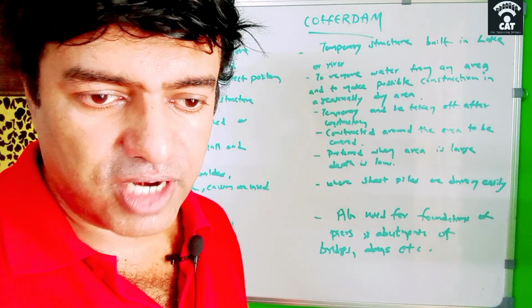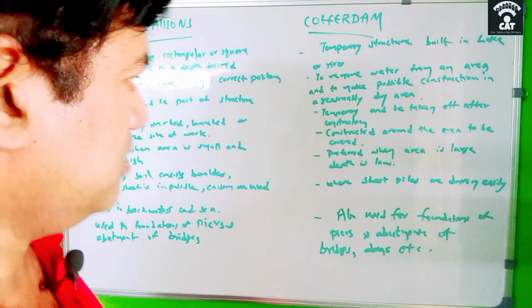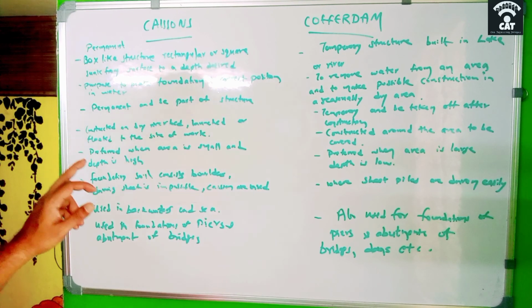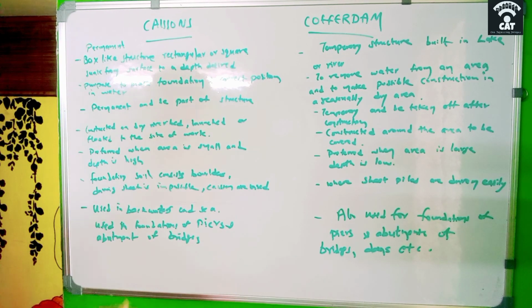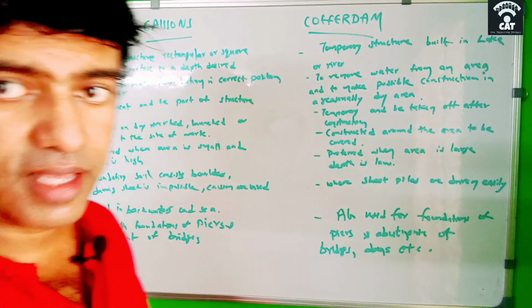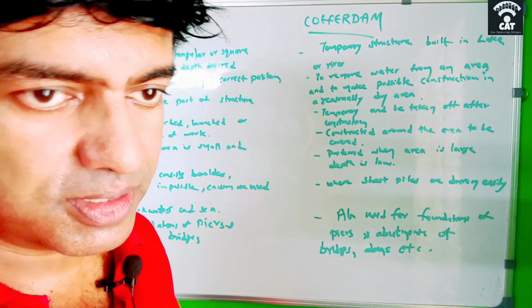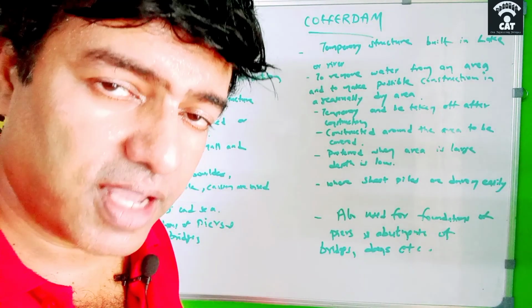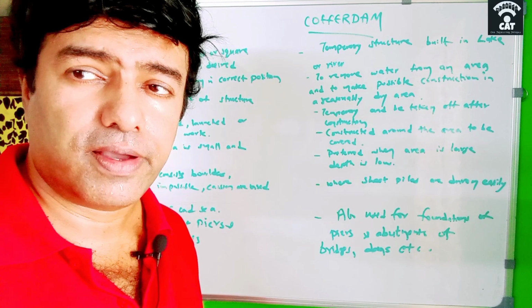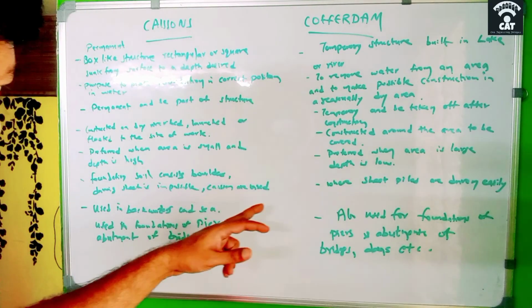Then the fourth point is that when the area is small and the depth is high, we have to go for a caisson, and when the area is large and the depth is shallow, we go for a cofferdam.